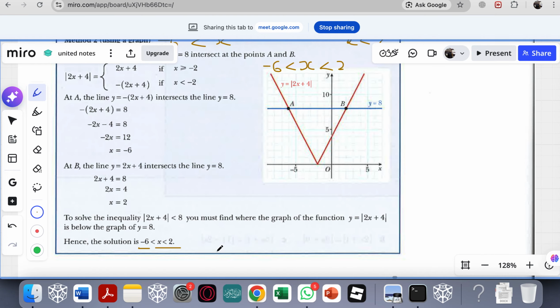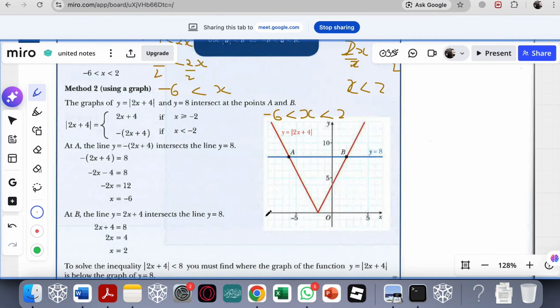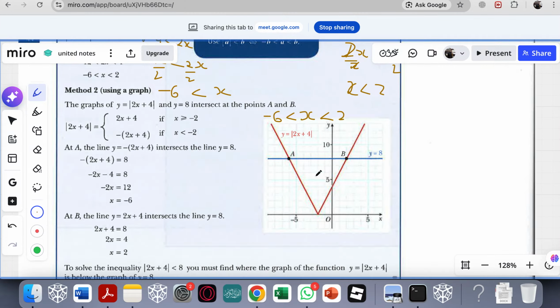This is the inequality. And you can add both of them together and divide by 2 so that you can get the line of symmetry. You choose negative 6 here and put a point there, and positive 2 here and put a point there. Add the two together to get the line of symmetry.